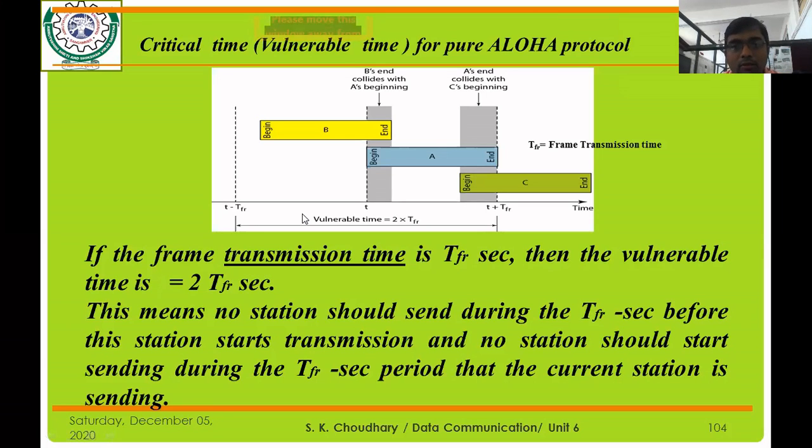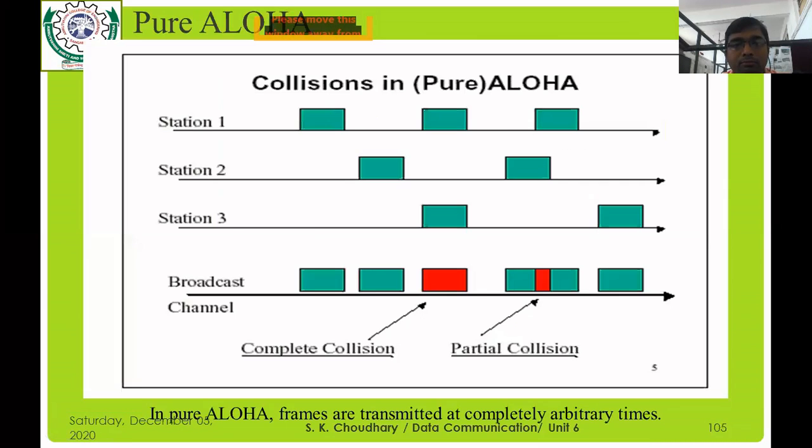Okay, so this is also a very important characteristic of Aloha, and this diagram shows how Aloha actually performs. In this case, station 1 is sending frames at regular intervals of time, then station 2 is also sending, and station 3.